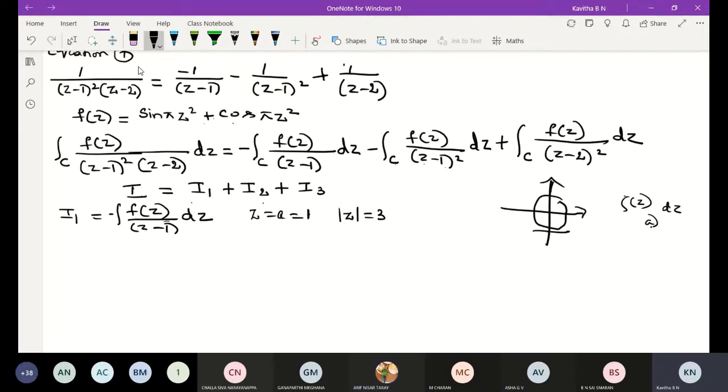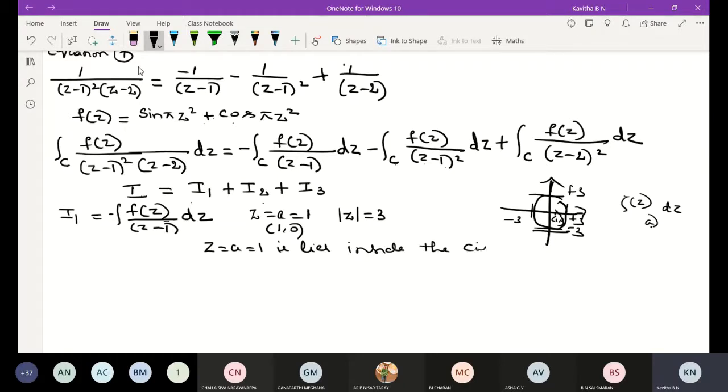The radius is 3 here, minus 3 to plus 3. The point is here, 1 comma 0, which means the point comes here, 1 comma 0, inside the circle. So z is equal to a is equal to 1 lies inside the circle.